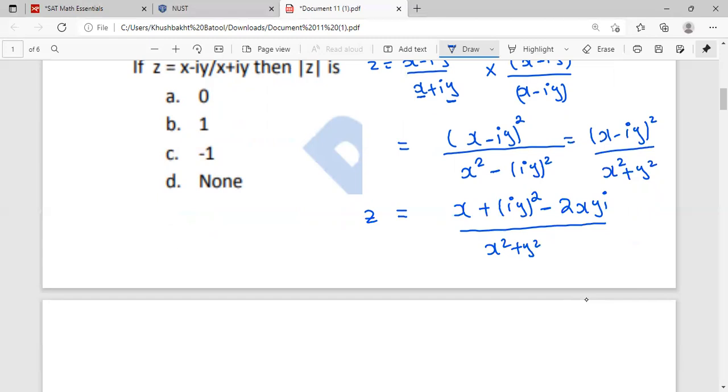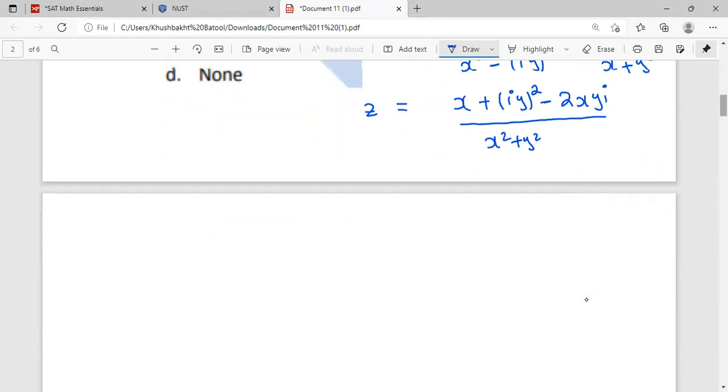Okay, now I will simplify it further. Z equals x square minus y square minus 2xy iota, I can write it like this: x square plus y square divided by x square plus y square. Okay. Now I will apply the mod here.